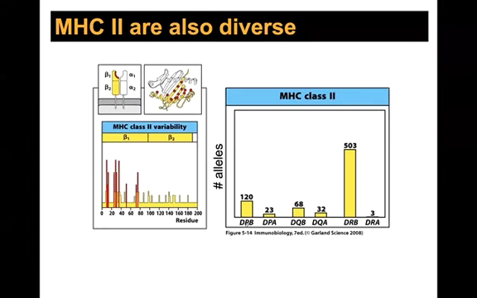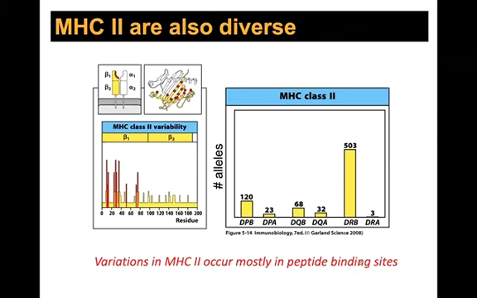Now, just like at the genetic level or the chromosome level, the A and B here refer to the alpha and beta chain. So for DP, you have alpha and beta. For DQ, you have alpha and beta, and then DR, you have alpha and beta.